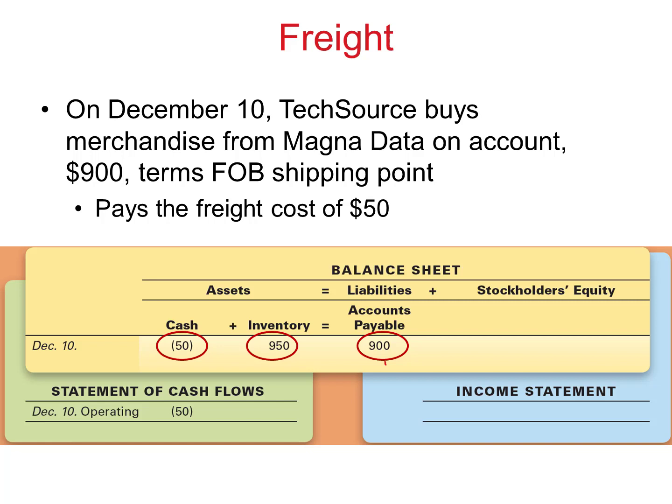The inventory is the total of shipping plus the cost of the merchandise. Inventory increases by $950. Inventory reflects the total cost of the inventory plus shipping and storage and any setup costs that are related to making the merchandise ready for sale.